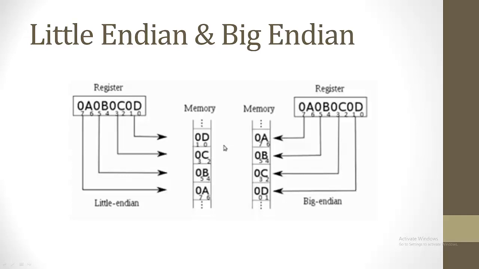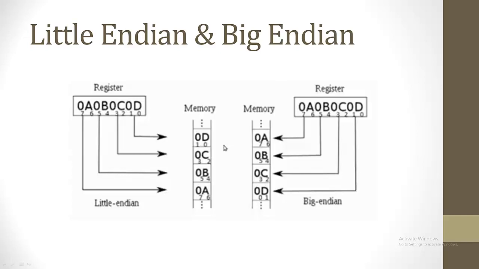And if you notice in Little Endian, the digits are counted from 0 and 1. First two digits 0 and 1 are stored in the first memory location, and 2 and 3 are stored in the second, 4 and 5 are stored in the third, 6 and 7 are stored in the fourth memory location. As you can see, everything is going in ascending order.